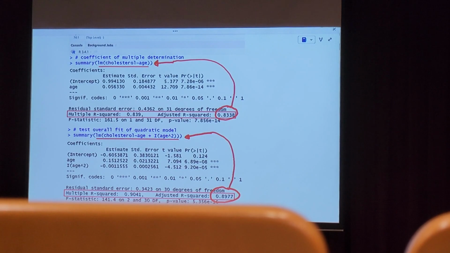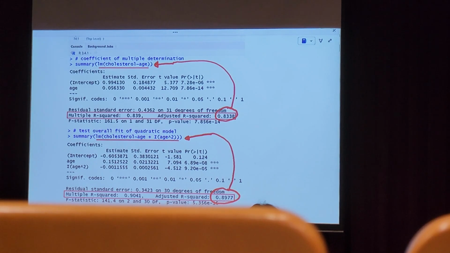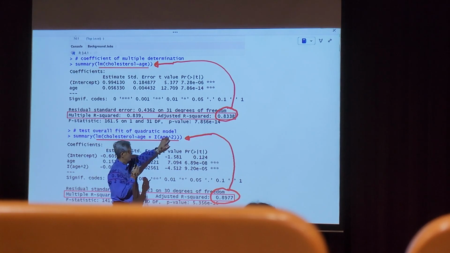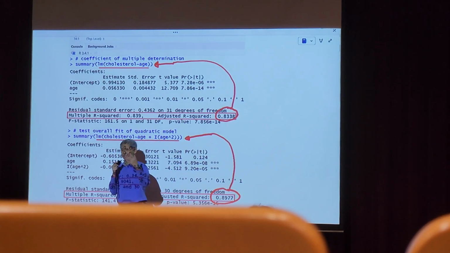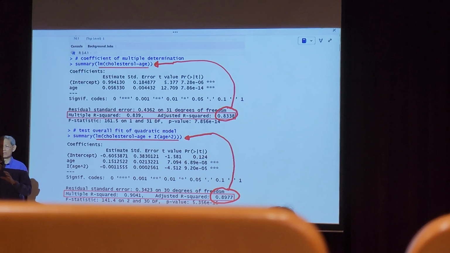It depends on your assessment. Is 0.89 preferable to 0.83? I think there is an improvement. But let's just say, hypothetically, if I add this, and this is 0.84, probably it tells me that this quadratic term is not too useful.